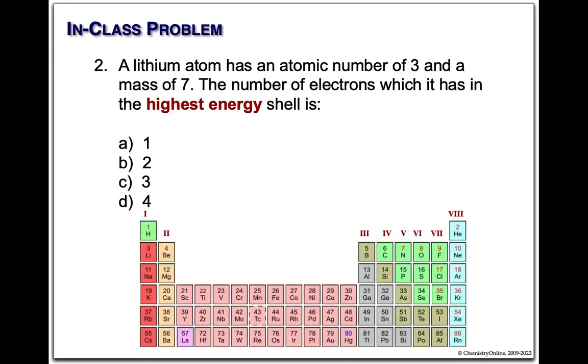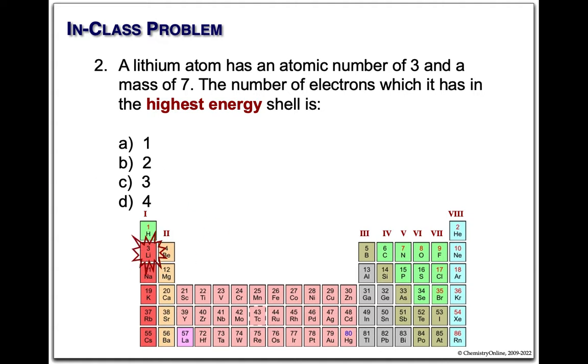This was put on a test as a trick question, sort of. Here's lithium, here's some numbers, they don't matter. Number of electrons in the highest energy shell is what? Well, lithium is here in the first group, second period.